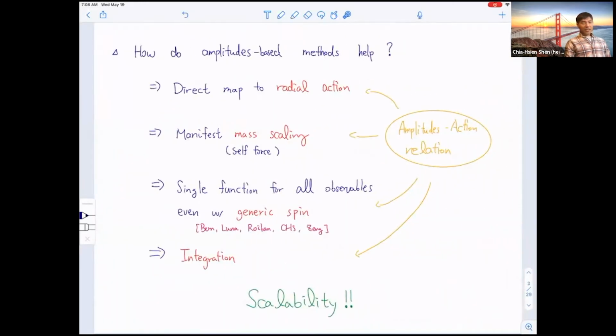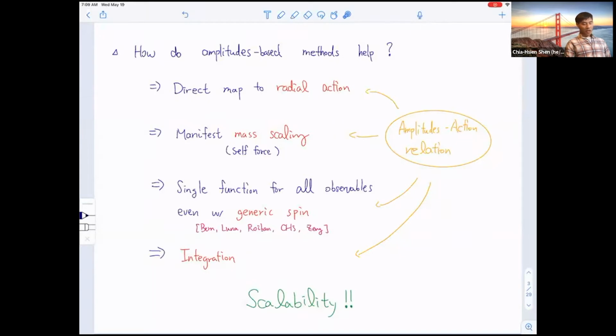So in this audience, I don't have to convince you that scattering problems can give us insight about the bound state problem. However, what's not clear is why exactly scattering amplitudes are useful, because you can totally solve the scattering in terms of classical equations of motion. And in fact, that's the approach adopted by many of the groups here.